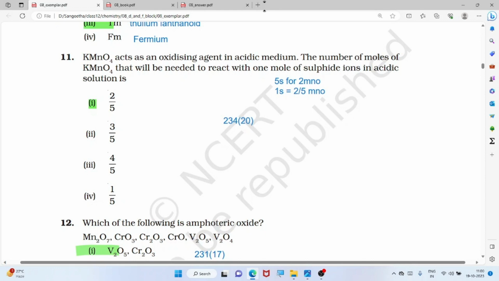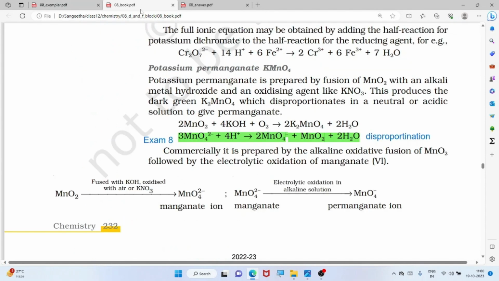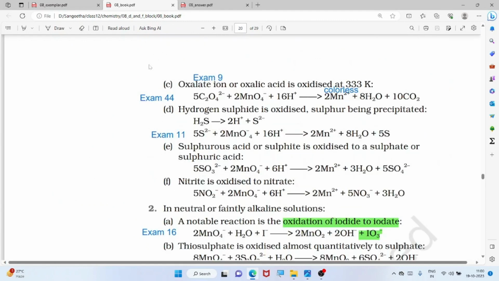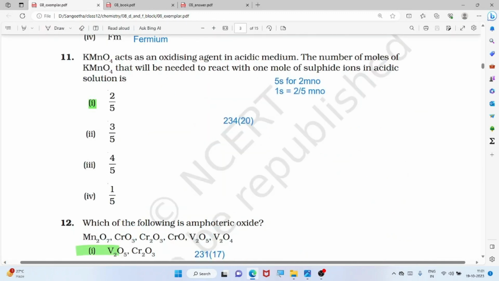So for 1 mole it will be 2 by 5 moles of KMnO4. So this one is the balanced one, okay. Here we have 5 moles for 2 moles. They are asking for 1 mole, then 2 by 5.